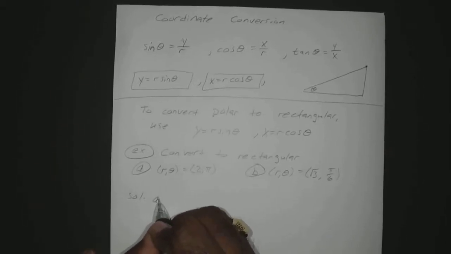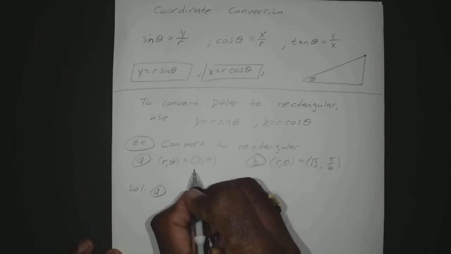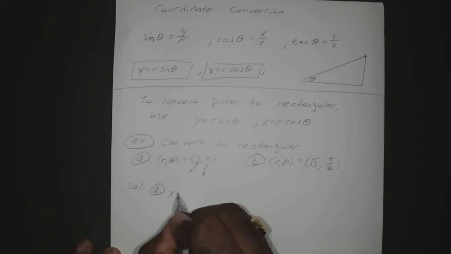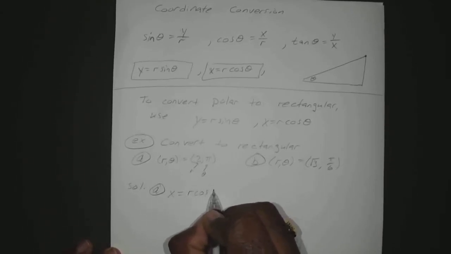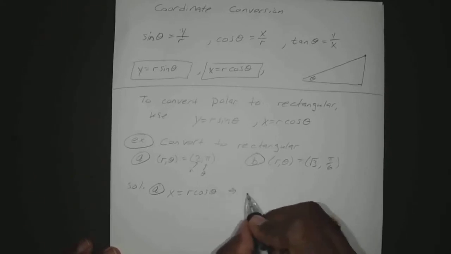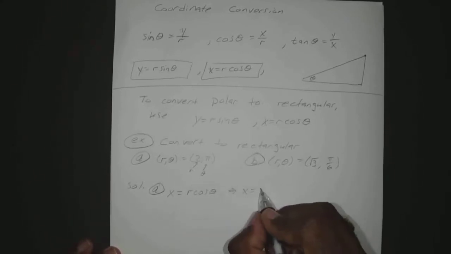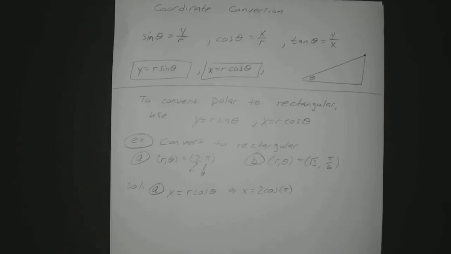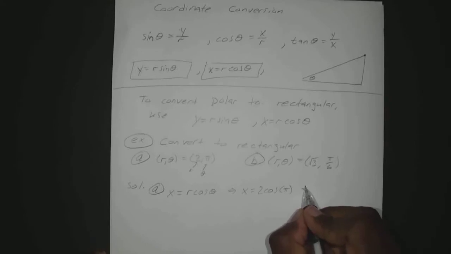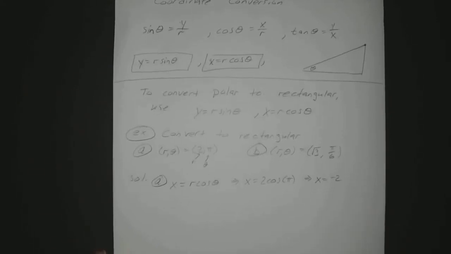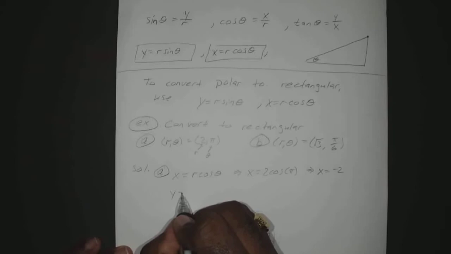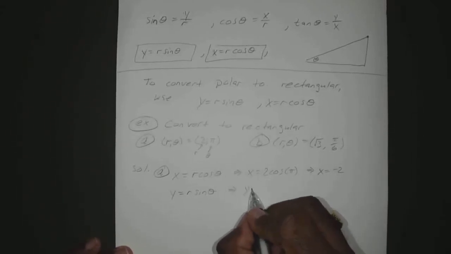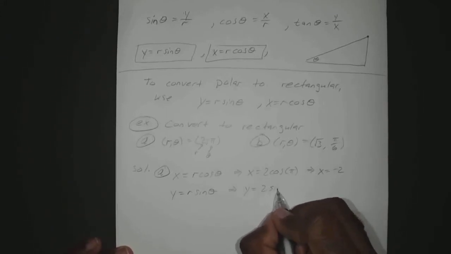Okay. So for A, remember that's your r, that's your theta. So x equals r cosine of theta would give us x equals 2 cosine of pi, which is 2 times negative 1. So x equals negative 2. y equals r sine of theta will give us y equals 2 times sine of pi.